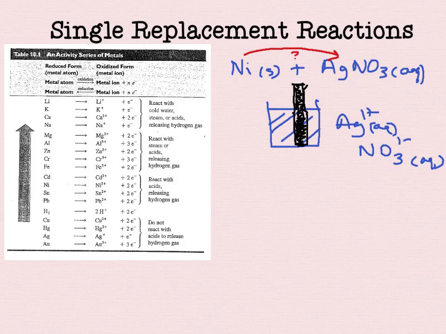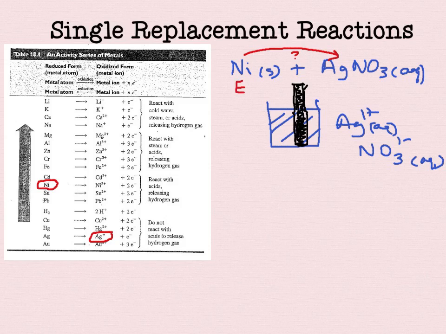So to answer that question, we have to go to our solubility table, and you've got to find both of those metals on the table. So here's the nickel, and the silver ion is located on the right. Now to read the table, what you need to know is that the nickel, or the metal that's by itself, the single element, must be higher in the table on the left-hand side.